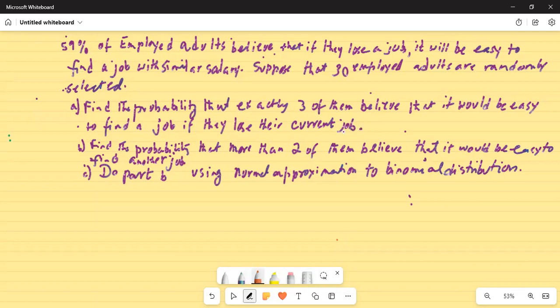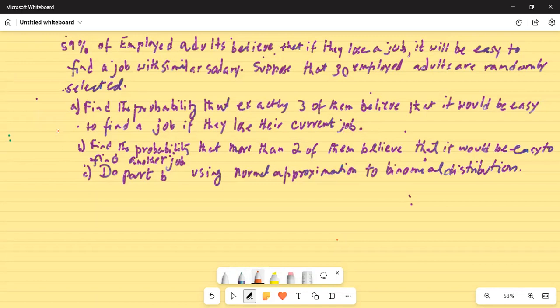Next, find the probability that more than 2 of them believe that it would be easy to find another job. And part C, do part B using normal approximation to binomial distribution.